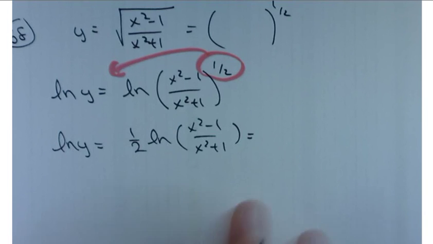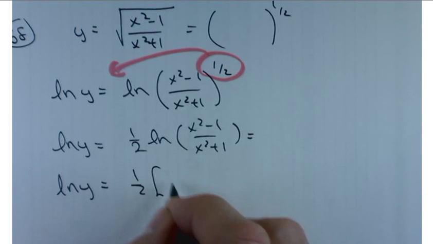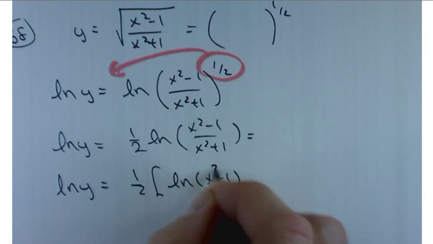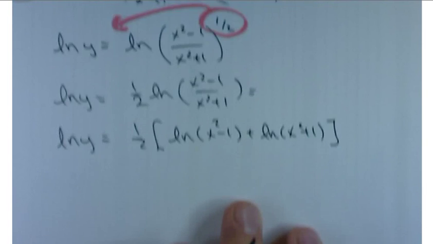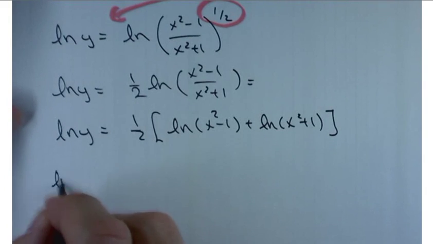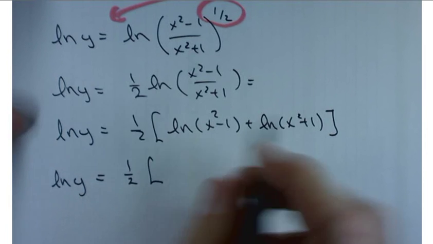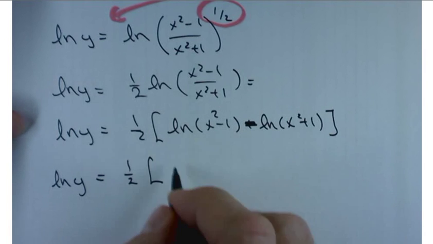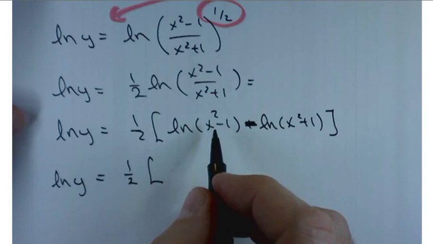Are there other properties of logarithms that I can use here? Quotient rule. So it's the ln of x squared minus 1 minus the ln of x squared plus 1. All right, that's still looking better. Let's go one more. I'm getting greedy here. This term in here, x squared minus 1, that factors, right?